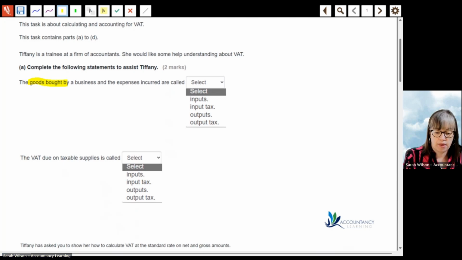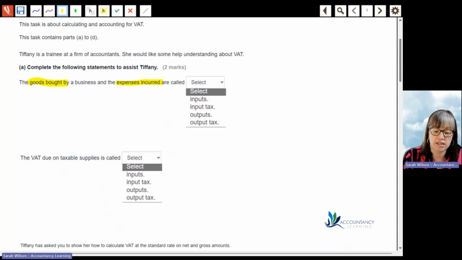So, and expenses incurred. Be careful with this question because the normal thought process would be automatically to jump to thinking about VAT, because that's the exam that you're doing, that's the type of paper. However, this question isn't actually talking about the tax that's applied.